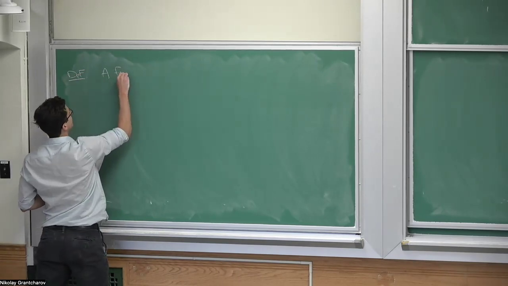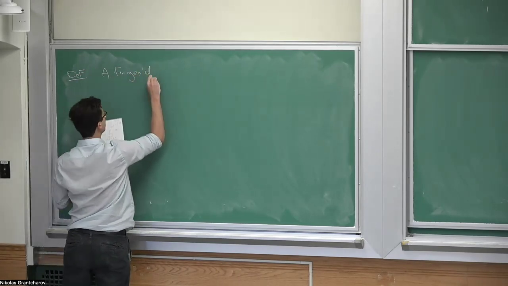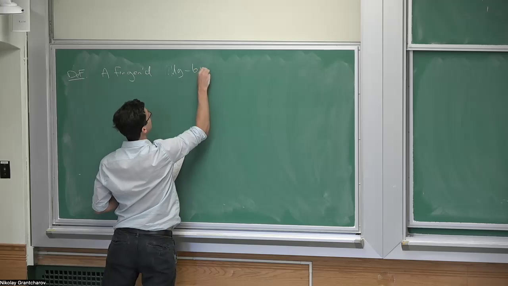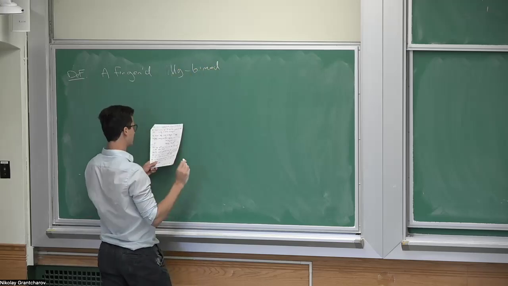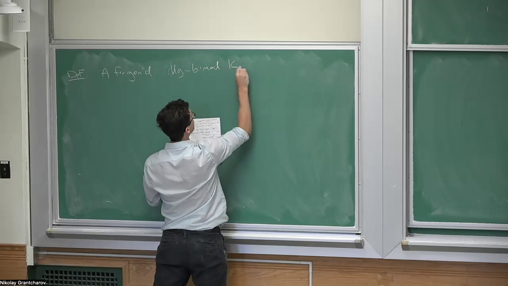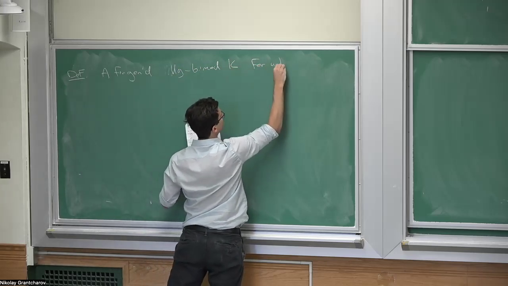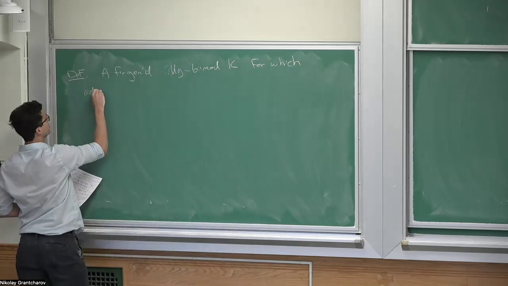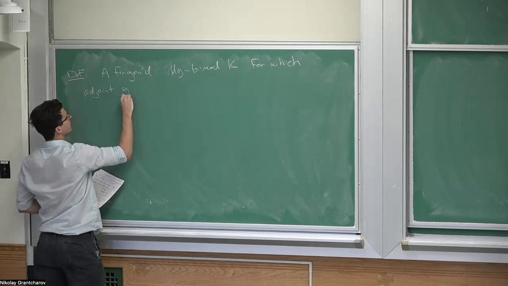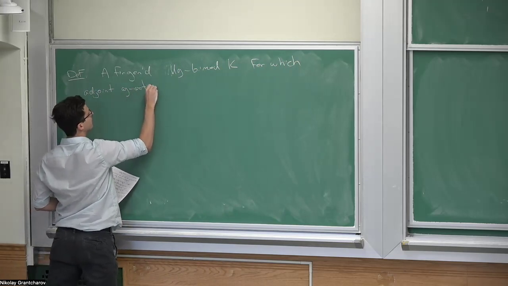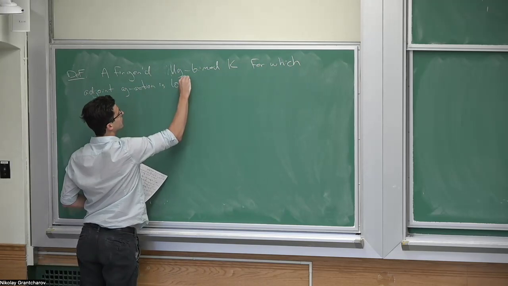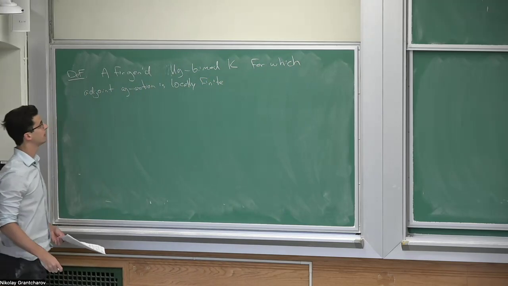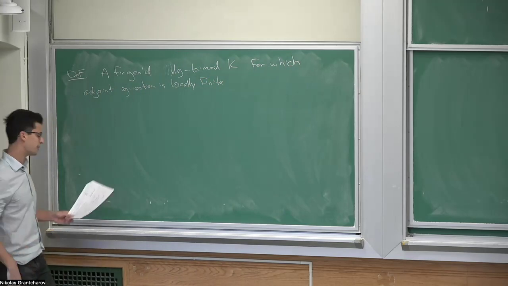A finitely generated UG bimodule K for which the adjoint G action is locally finite is a Harish-Chandra bimodule.